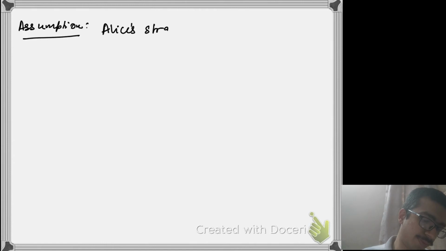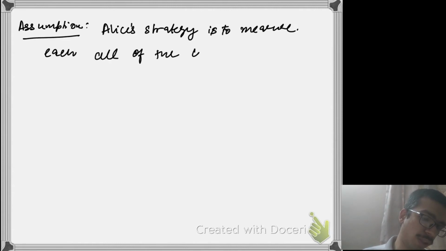Now another assumption which we are making is that Alice's strategy is to measure each cell of the constraint.